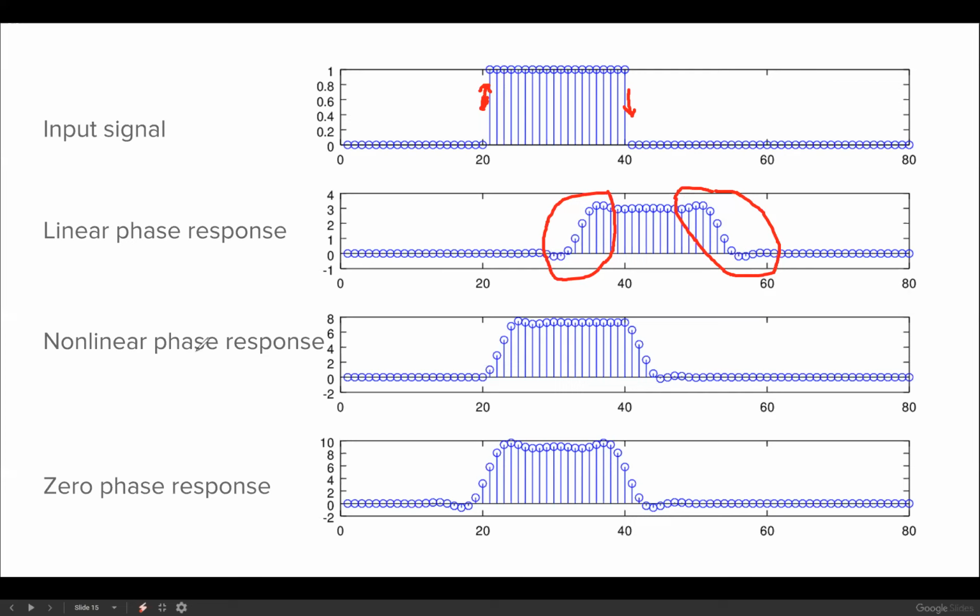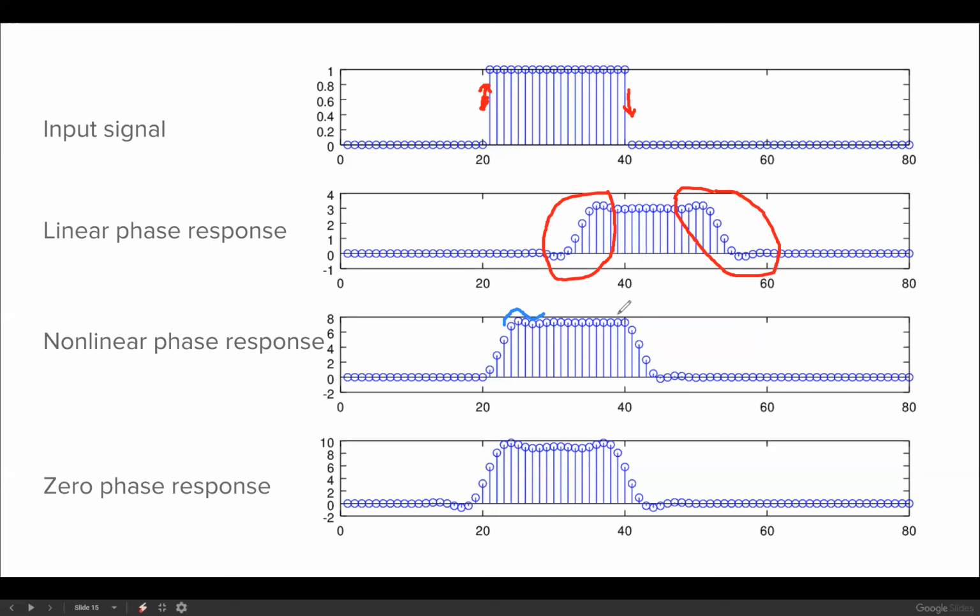Okay, nonlinear phase response system. We have rapid rise time. As you can see, this has more delay. The signal delay is about half of the filter width. Here we have less signal delay, but we have overshoot here. Nothing, of course, in here, otherwise it wouldn't be causal.